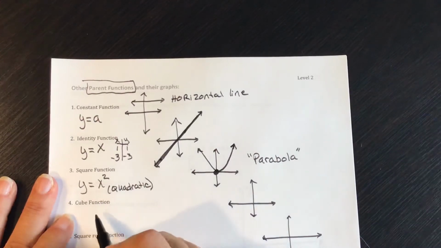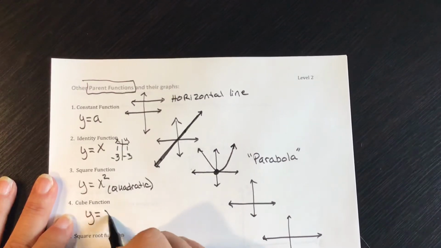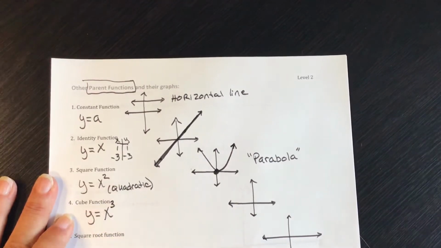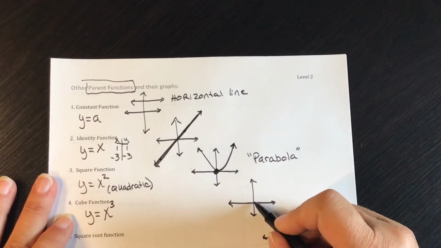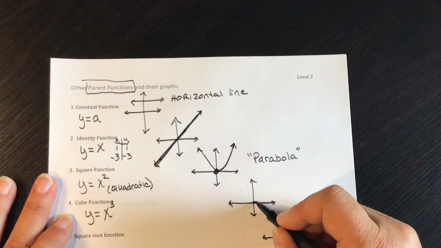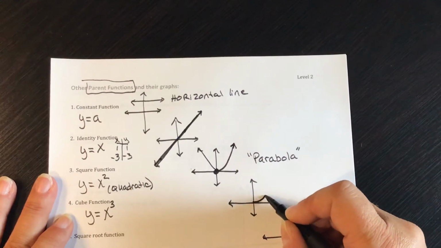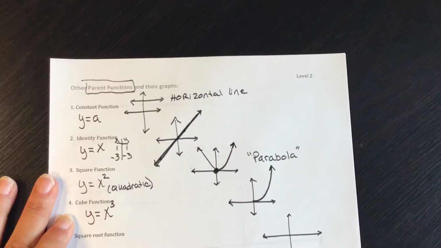The next one is a cube function. That means the y is going to equal the value of x cubed. And what happens here is if I start with some x values that are low, it's going to start off increasing, but increase very fast.